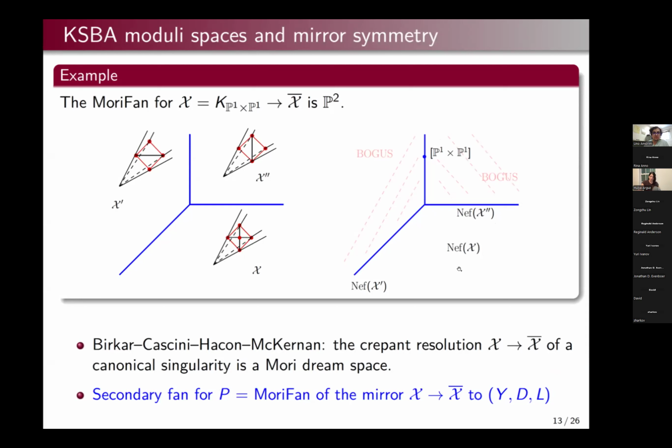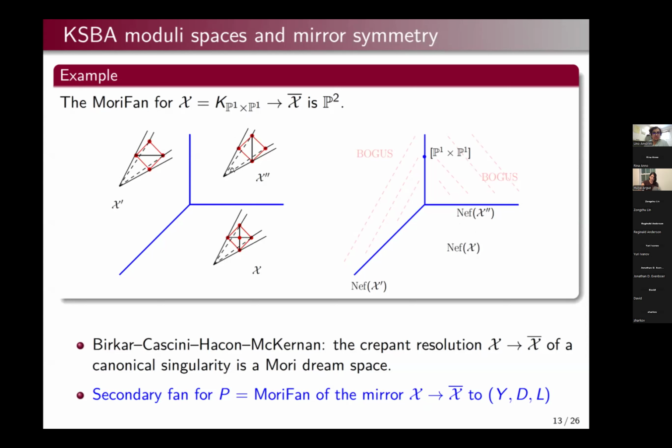So once you know all possible Crepant resolutions, you describe all their Nef cones, like the Nef cone to this thing, and you have these triangulations which give you other partial Crepant resolutions.